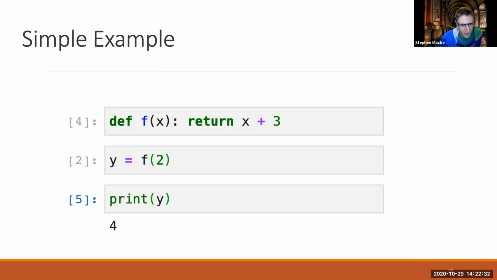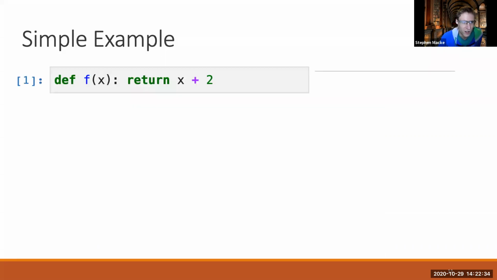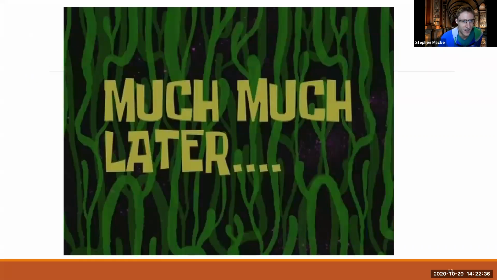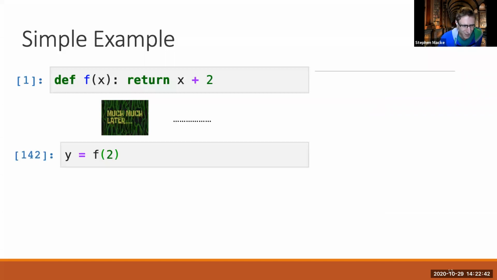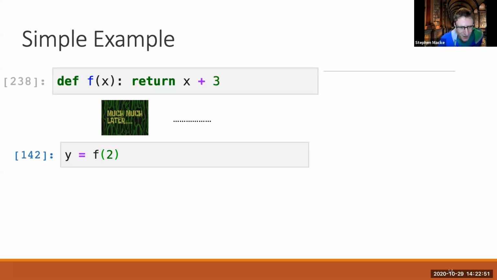But in reality, oftentimes you'll have a situation where you define some cell, and then, much, much later, we define the cell that depends on it, so we call y equals f of x, 140 cells later. And then, maybe at some point we go and change the first cell.